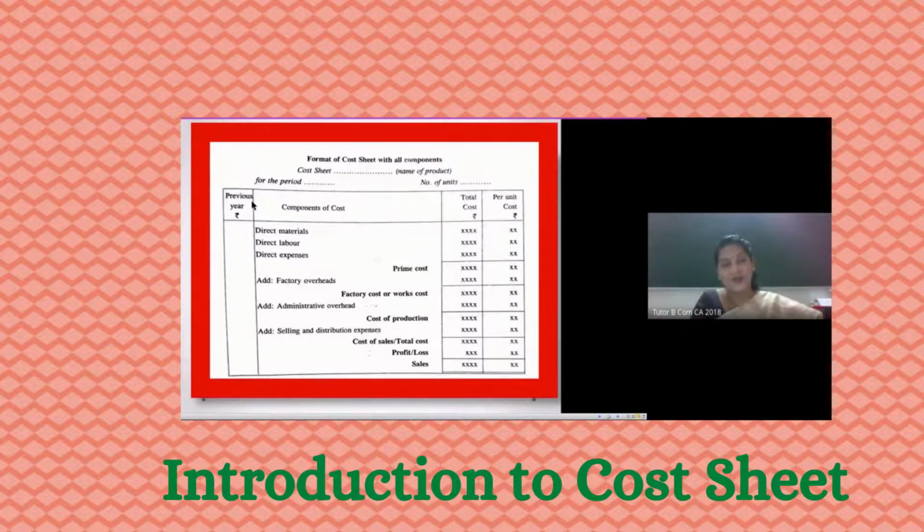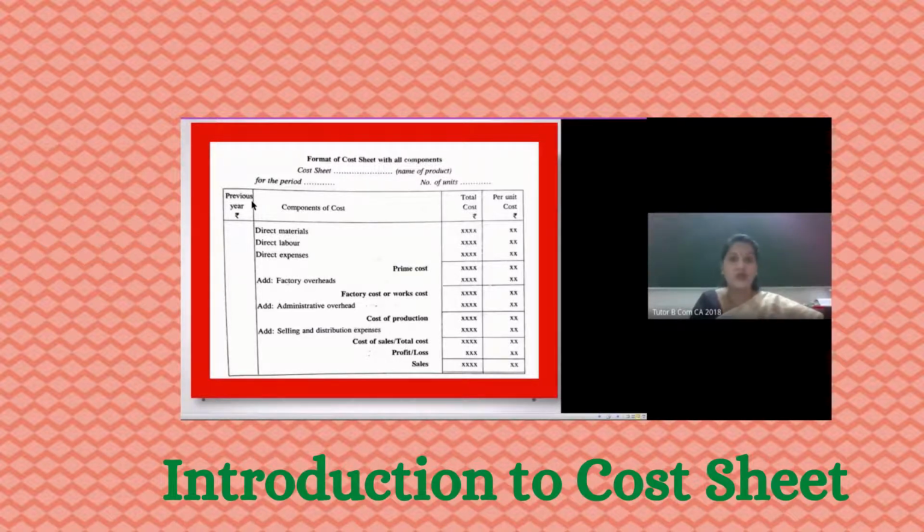First is prime cost, which is a total of direct material, direct labor, and direct expenses. And along with that, we will add the factory overhead, those other expenses that are connected with the production process. And then along with it, that's where we get the factory cost or works cost. And then we add the administrative expenses, which are not directly related with the production process.